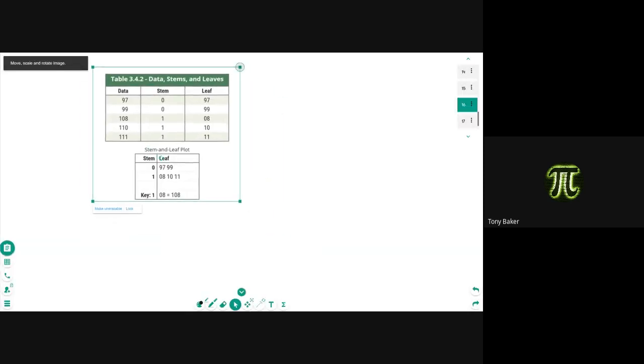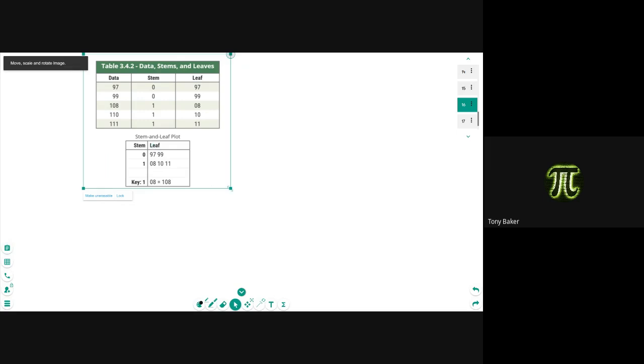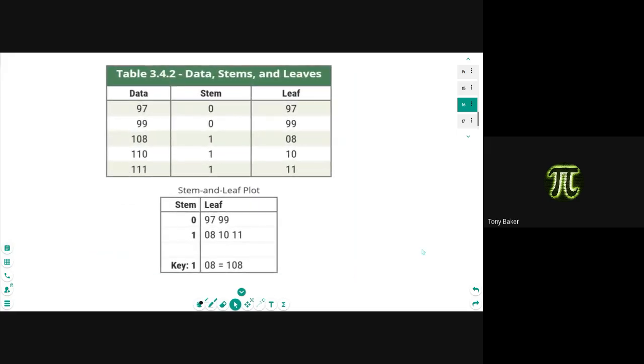This is an example of a stem and leaf plot that is not based on tens. This stem and leaf plot is based on what? What would be my class width for these? Yeah, 100.